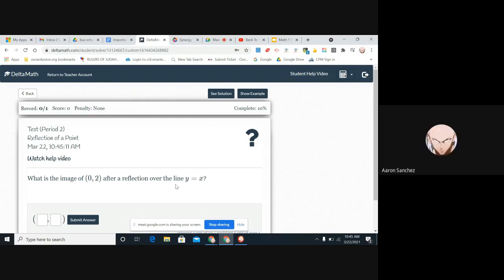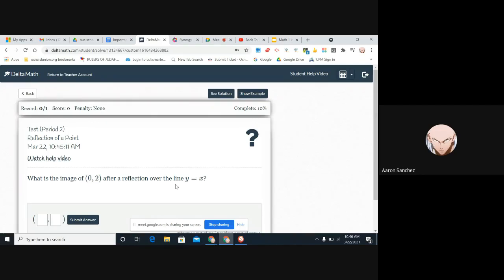Okay. So we want to reflect over y equals x. Now y equals x, again, can be written as y equals 1x plus 0. Y equals x: 1, 1, 2, 2, 3, 3, right? Y equals x, -1 is x, -1 is y.